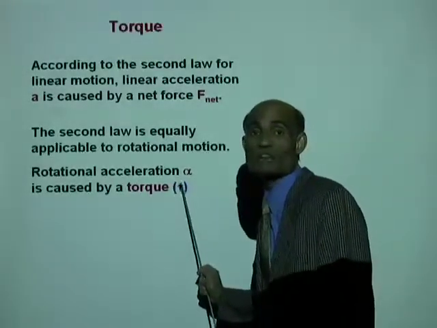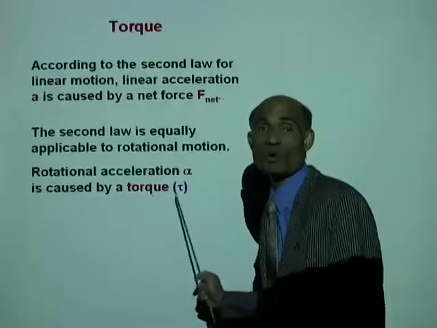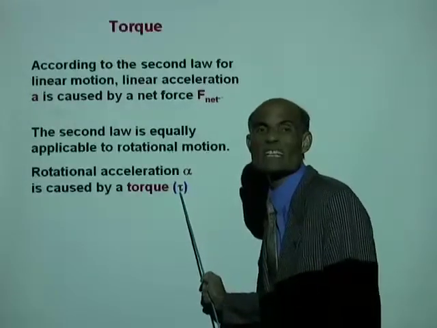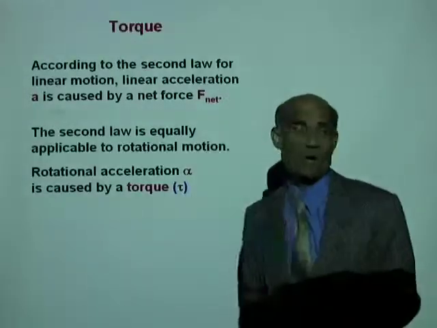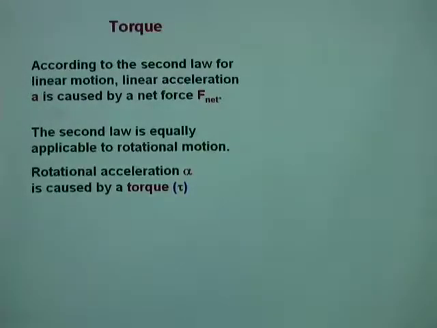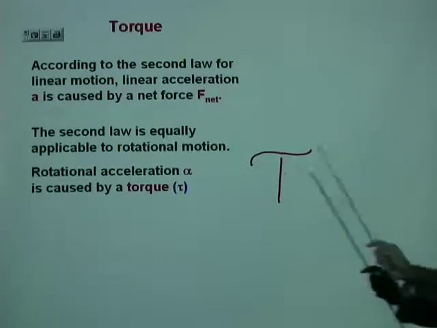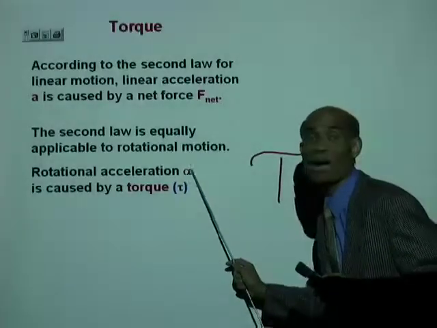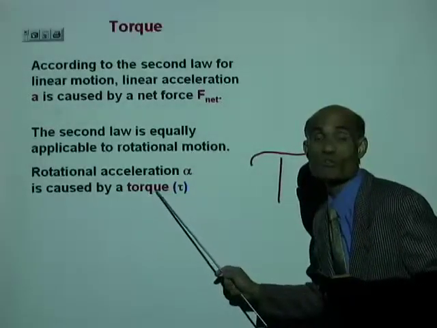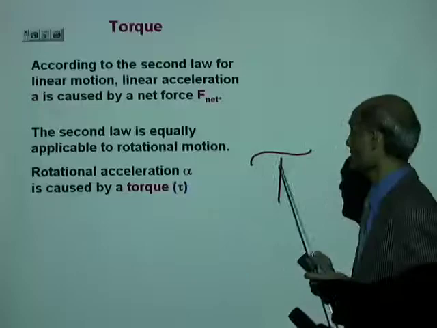And we represent torque by the Greek letter tau. Let me write that for you. Tau is written like this. Pronounce it tau. So, the rotational acceleration alpha is caused by a torque, tau.